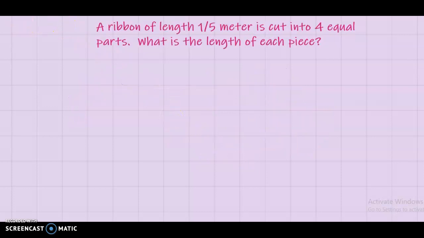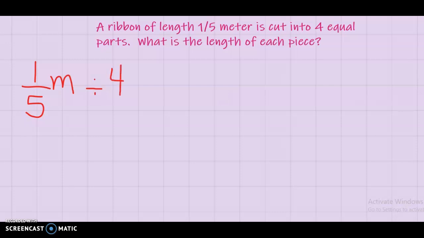A ribbon of length 1/5 meter is cut into 4 equal parts. What is the length of each piece? So let's start with an expression. 1/5 meter is cut into 4 equal parts.